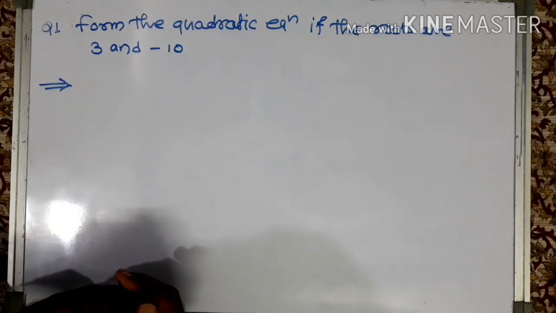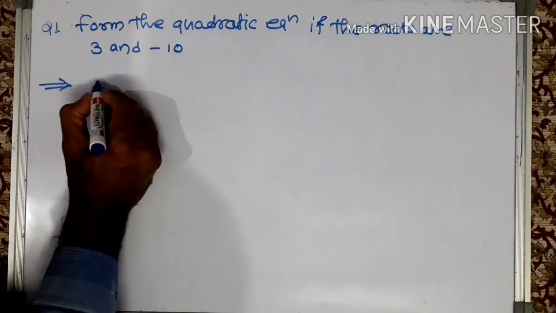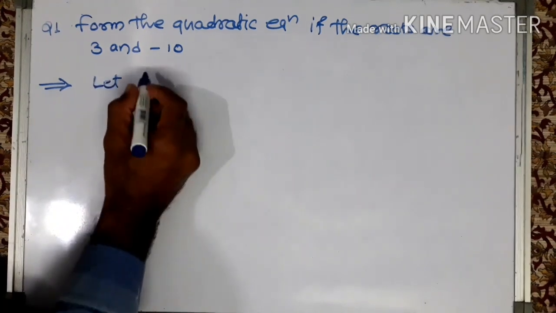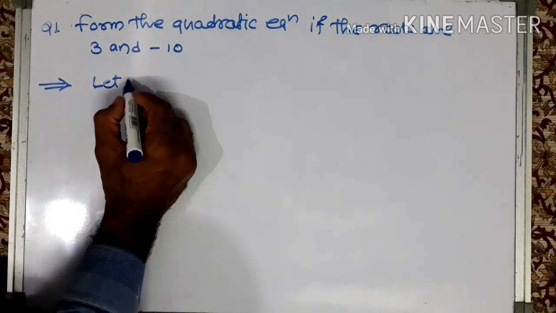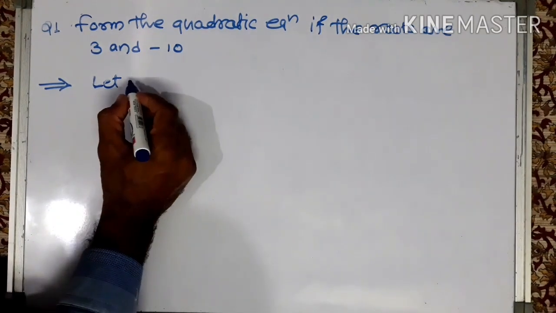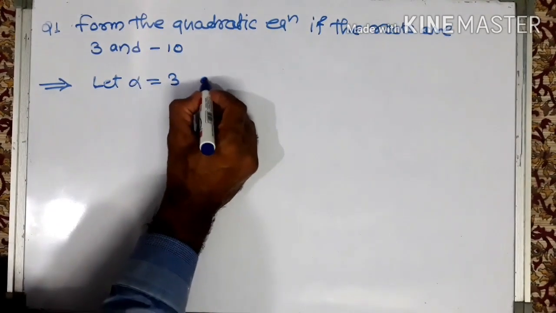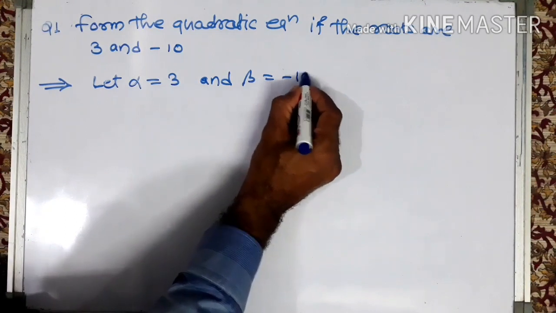Now here is a question: form a quadratic equation if roots are 3 and minus 10. Look at here how to find that quadratic equation. By using the steps, let us consider alpha equals to first root, 3, and beta equals to minus 10.